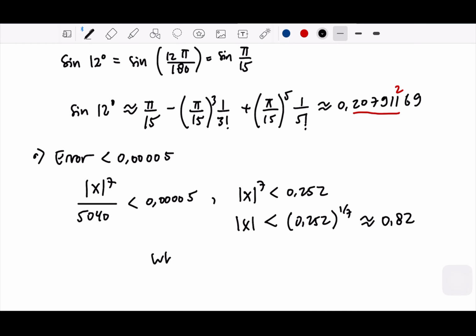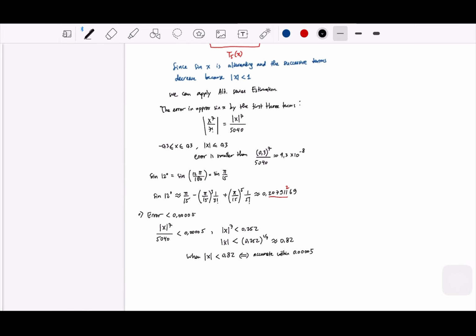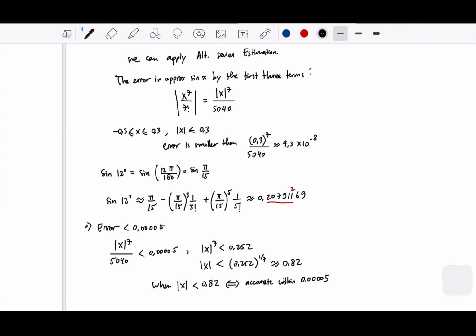So when x is less than 0.82, then this is accurate within 0.00005, if we are using the alternating series estimation.